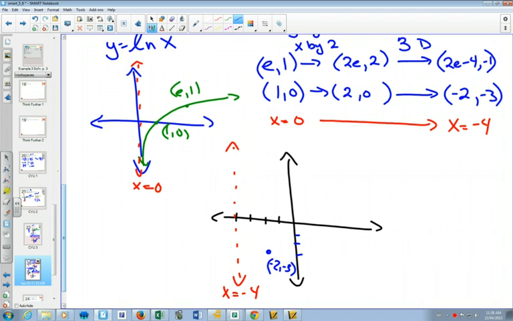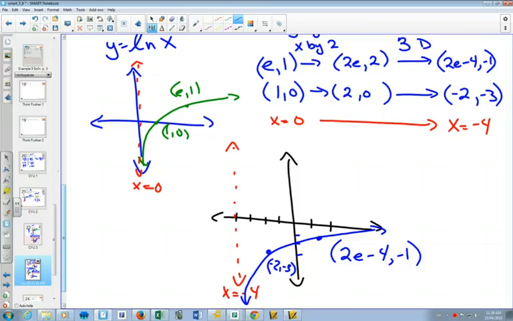So 2 times 2.7 would give us 5.4. Minus 4 would give us 1.4. So I'm going to label it about at (1.4, -1) as an estimate. And I'm still going to label it as the exact value, (2e minus 4, -1).